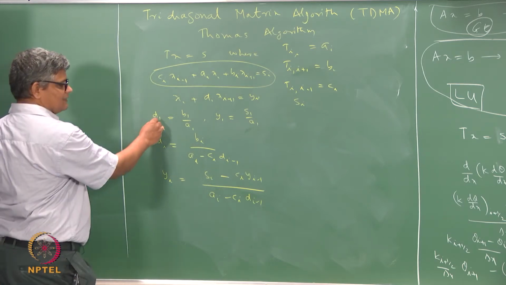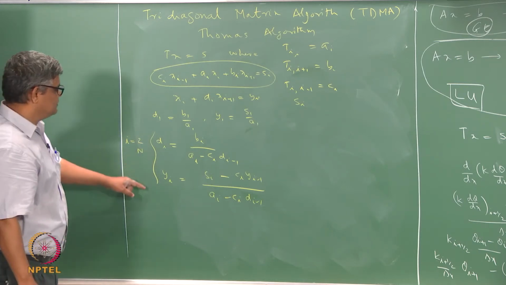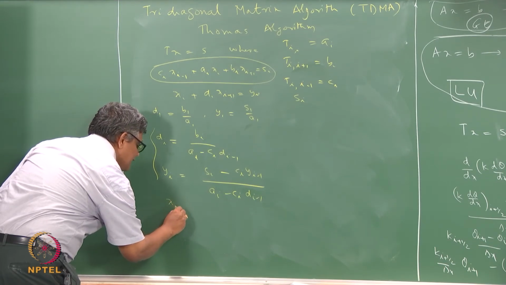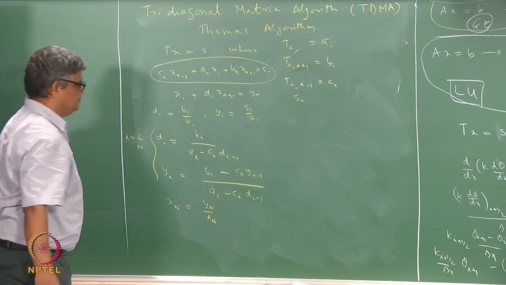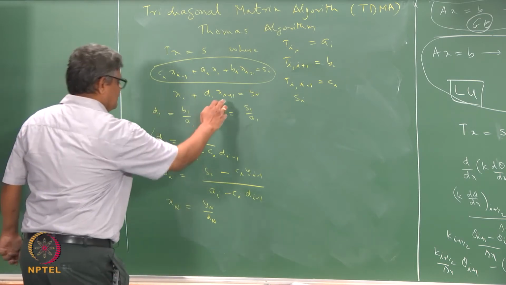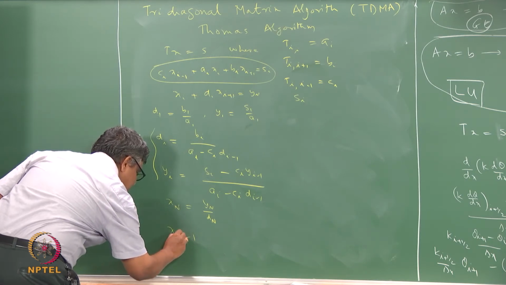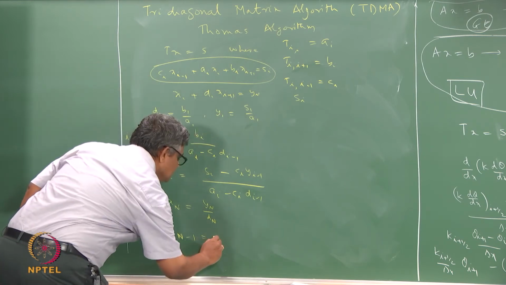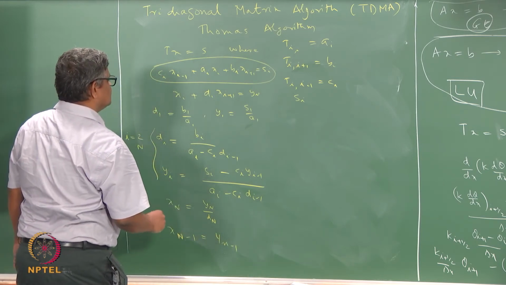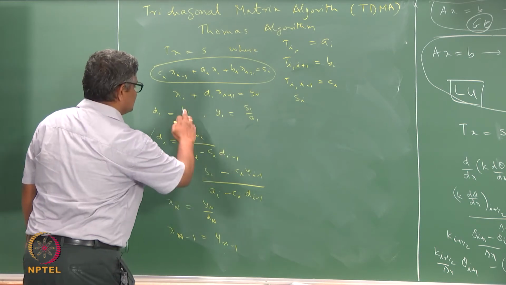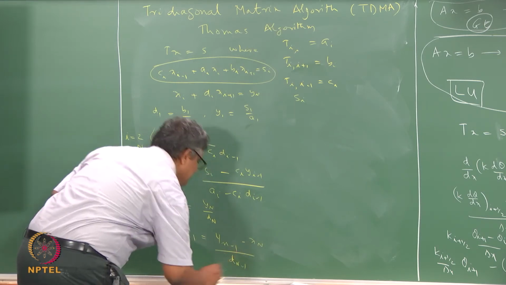So, we start with this and then we evaluate all this from i equal to 2 to n, and once you have this, you can then back substitute by saying xn is yn by dn, and then we can write xn minus 1 is equal to yn minus 1 minus xn divided by dn minus 1, and so on.